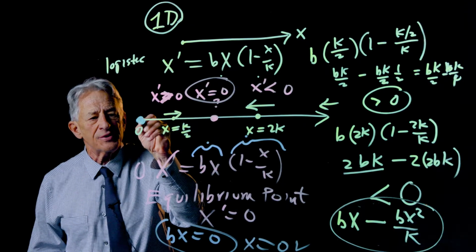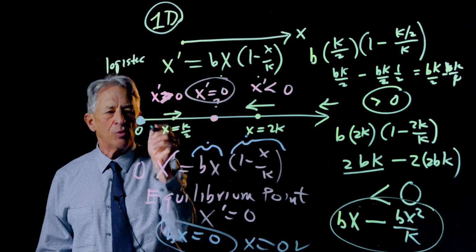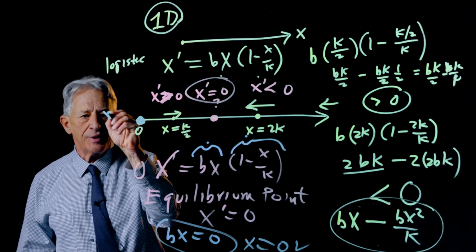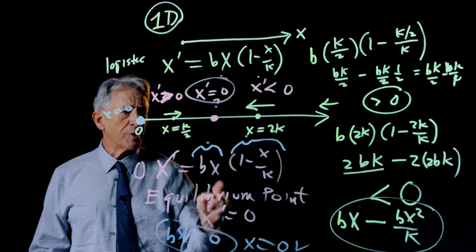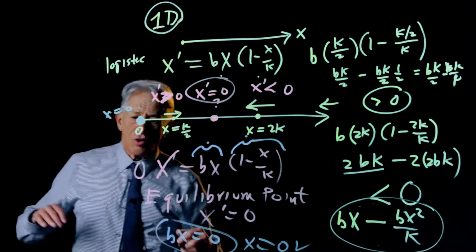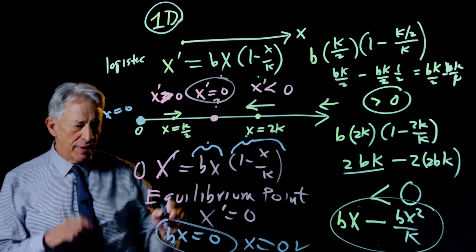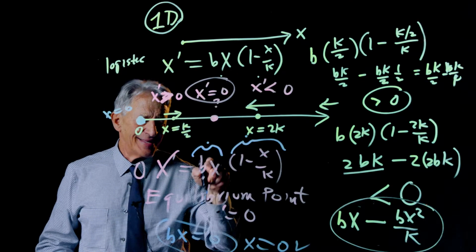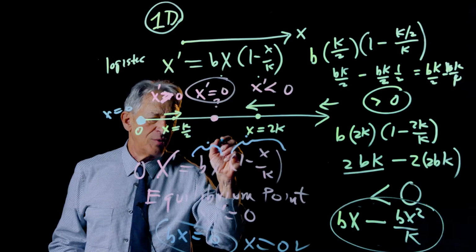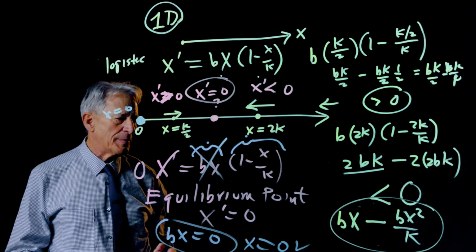And what that's telling us is that the vector field at x equals 0 is 0. In other words, x equals 0 is an equilibrium point of this vector field. Great, that takes care of the first clause. Now, if x is not equal to 0, then we can divide by it, divide out bx.